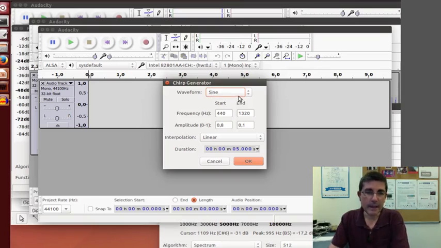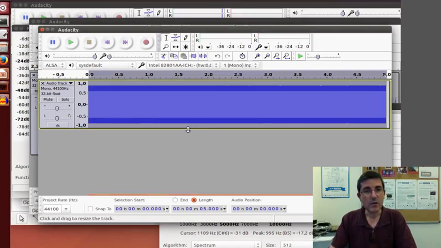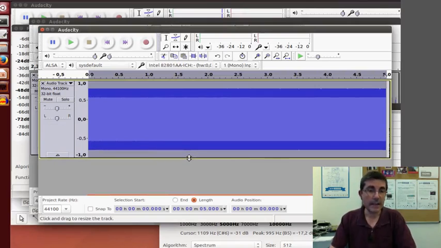So let's have a sine wave being a chirp, and let's go between the two frequencies we have mentioned, from 500 up to 5,000 hertz, with the amplitude at 0.8 all the time, and let's have it last 5 seconds. So now we have kind of a glissando, a chirp, and of course we can play it.